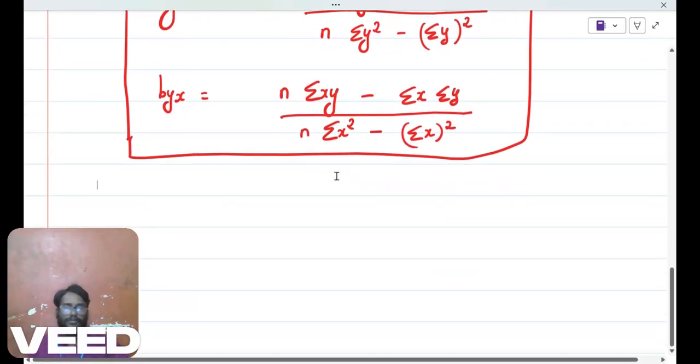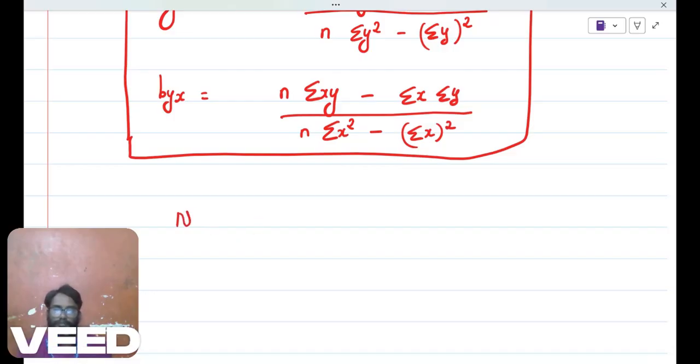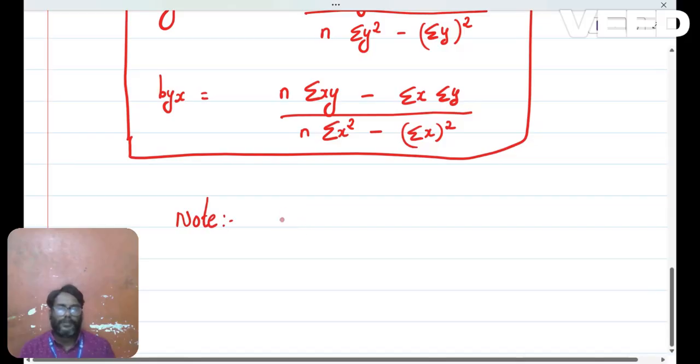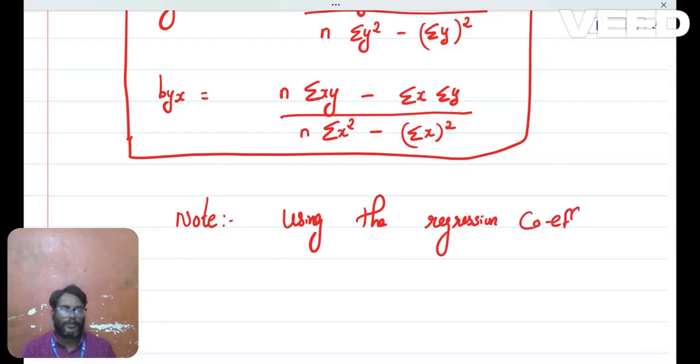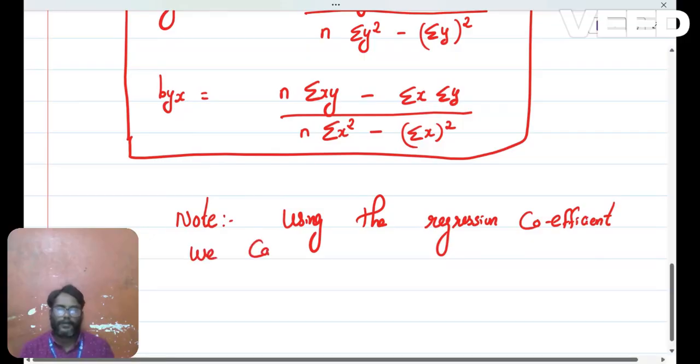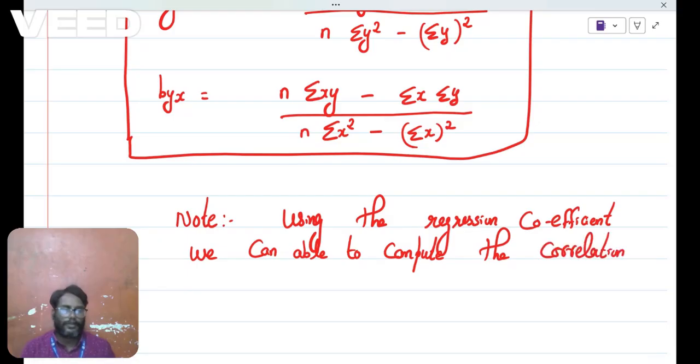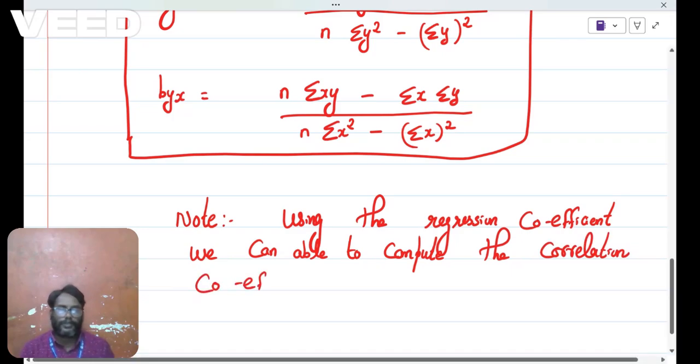Note, using the regression coefficients we can compute the correlation coefficient.